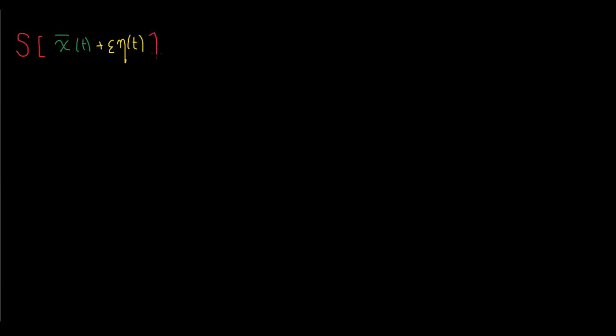All right, so S of x bar of t plus epsilon times eta of t equals the integral from t1 to t2 of 1/2 m times x bar of t, dotting that, plus epsilon times eta of t, dotting that, squared.